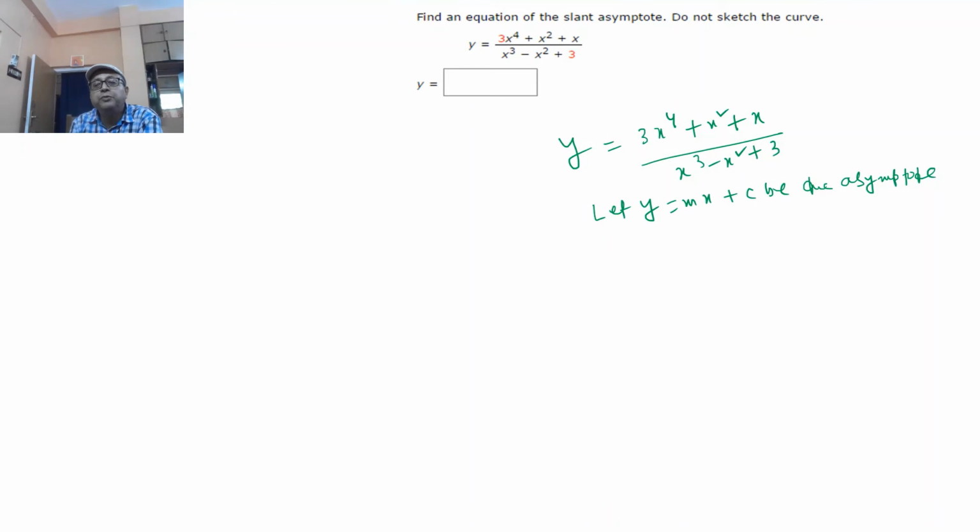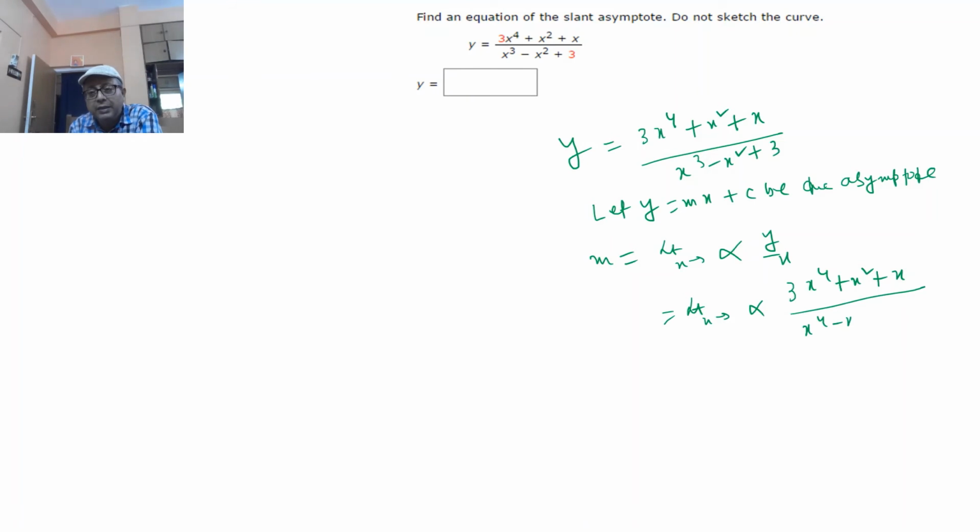It is painful to determine the value of dy/dx when x tends to infinity. It will take many steps. Instead, we find m by this formula: the limit as x tends to infinity of y/x. So y is (3x^4 + x^2 + x) divided by (x^4 - x^3 + 3x) times x.